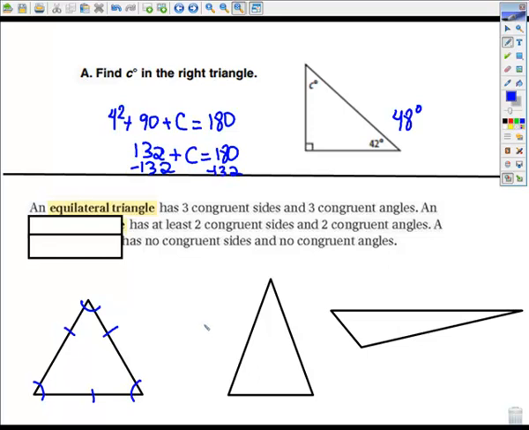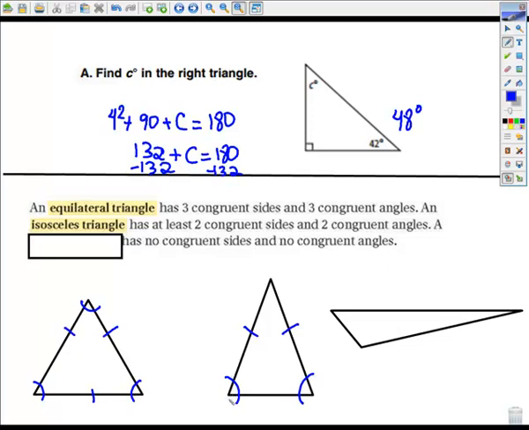And a blank has at least two congruent sides and two congruent angles, and that's an isosceles triangle. An isosceles triangle has at least, because technically an equilateral triangle does cover the basis for an isosceles triangle. But in isosceles, you have to have at least two sides congruent and two angles that are congruent.